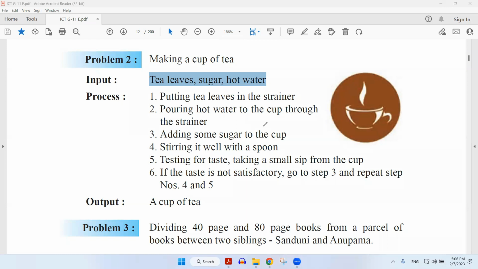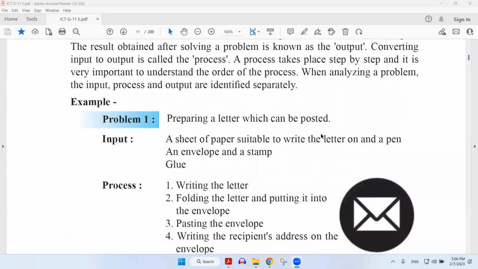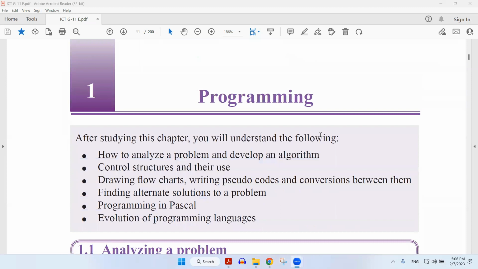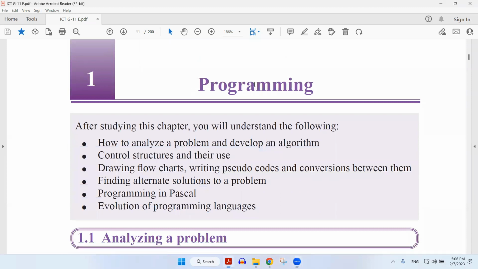So yeah, let's go and take this down very simply, right? So this is the very first lesson of grade 11. So programming will be the main heading.